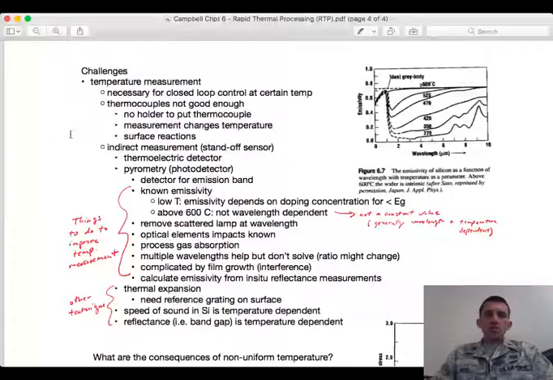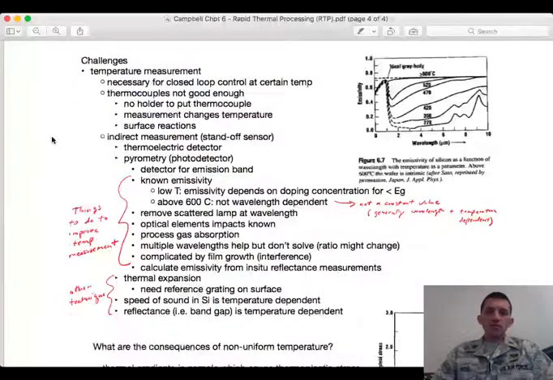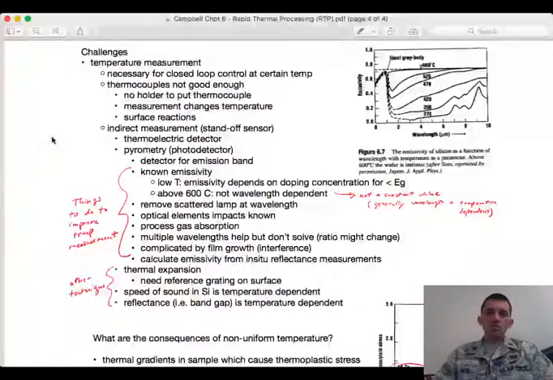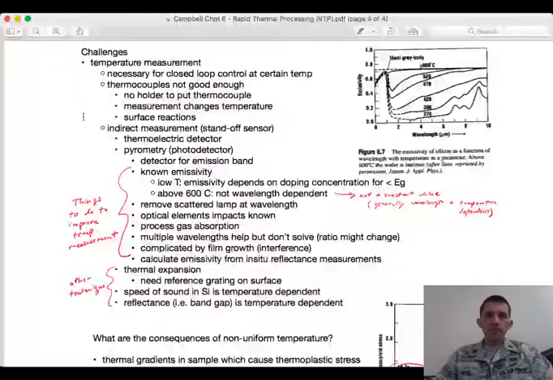But this is difficult to do with a silicon wafer because there's not really anywhere to put it. You would need contact with the surface, which is problematic. Also, the thermocouple makes a measurement by having energy flow into it, right?